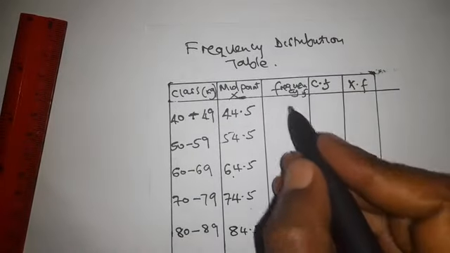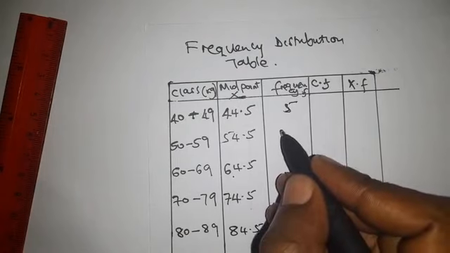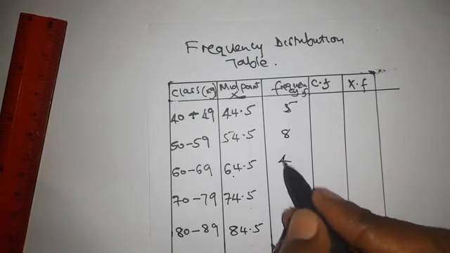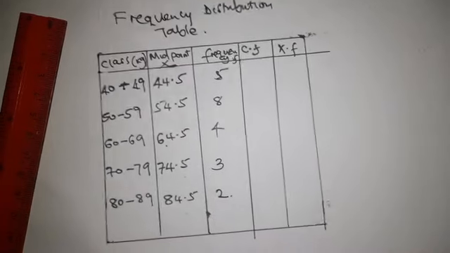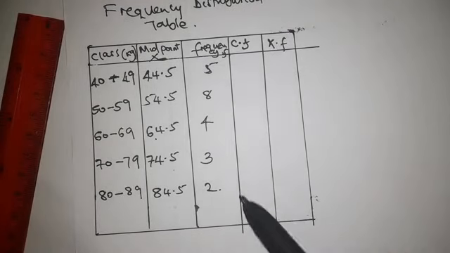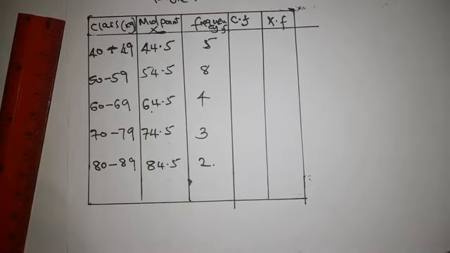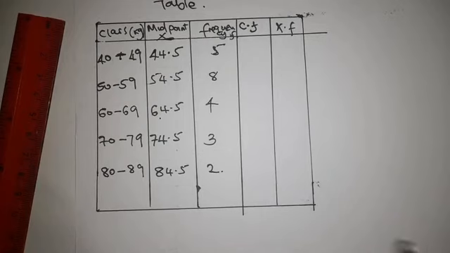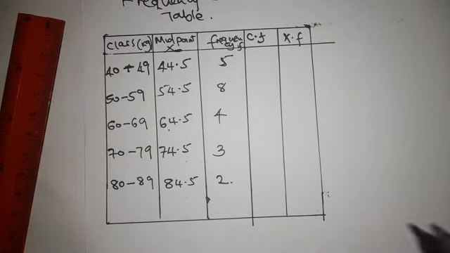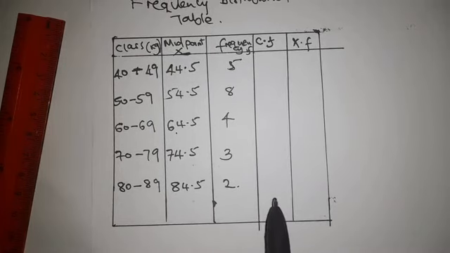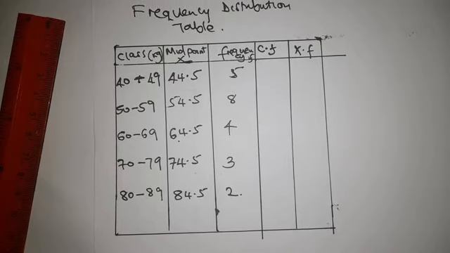Now let's fill in the frequency. The frequencies, as in our question, are 5, and this one was 8, and this is 4, and this one was 3, and this one was 2. Now, for the cumulative frequency, we add up the frequencies to get the total number of observations. If this data was obtained for the masses of people in one drama club, then the total frequency gives the number of people in that club.